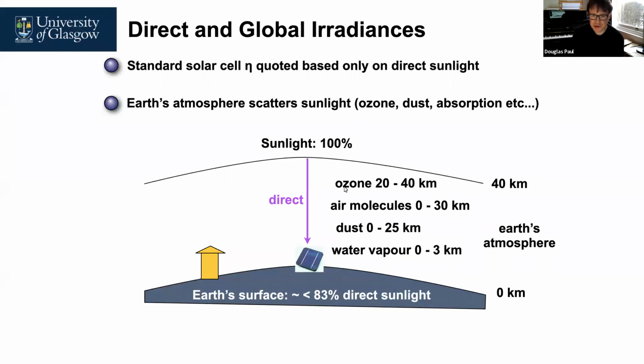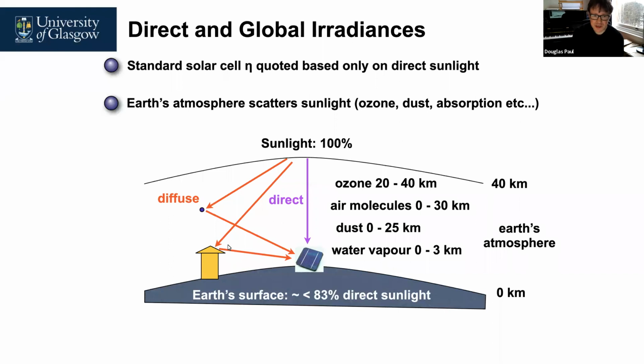So in fact, there's a lot of different molecules and particles that make up the Earth's atmosphere. And many of those particles can absorb and re-emit photons, or can scatter, diffusively scatter light, so that even non-direct light can actually be scattered onto your solar collector and be used.